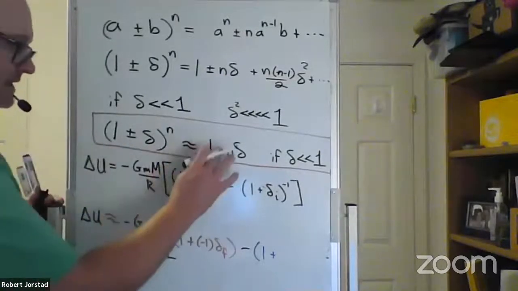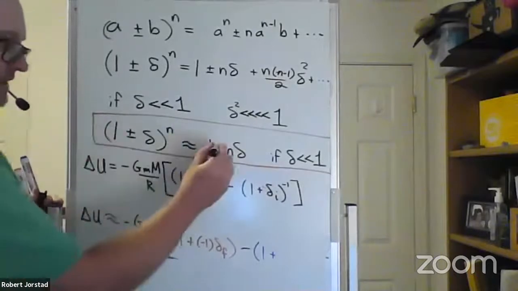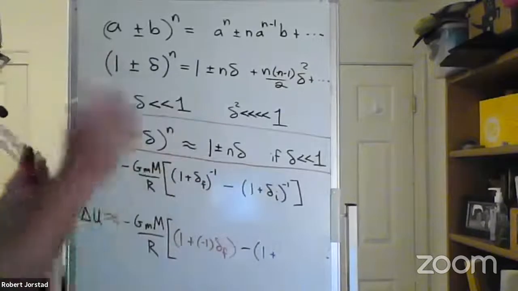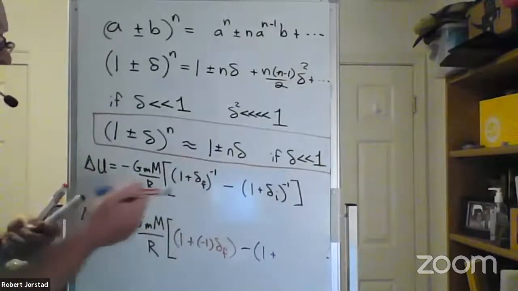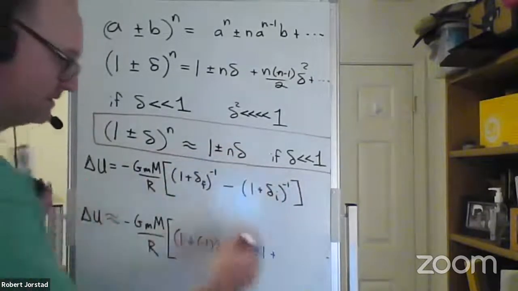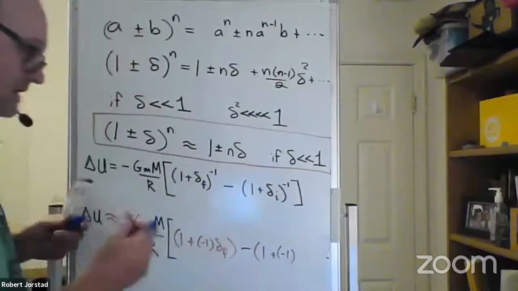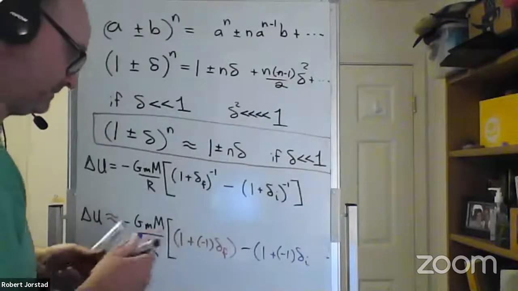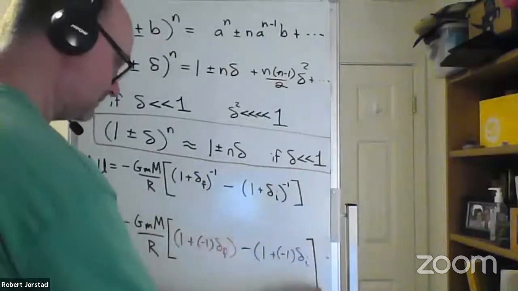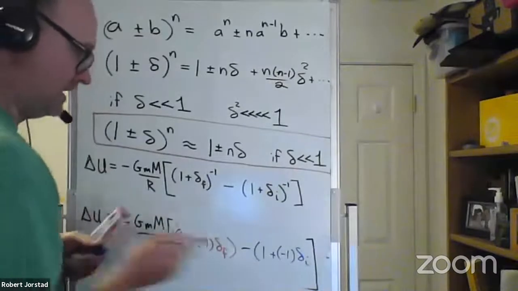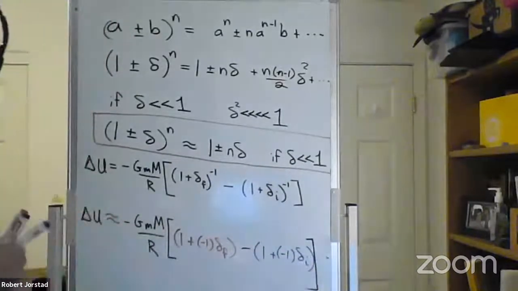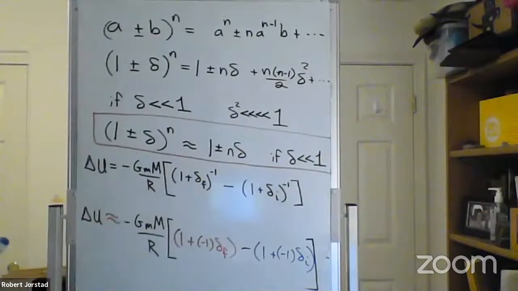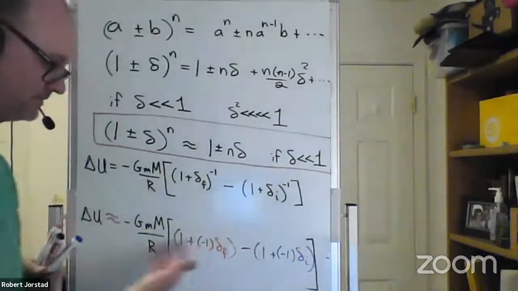So if you use a plus or minus in the math formula, you have to use plus or minus here. But because these both have plus, everything's plus for us. We don't have to worry about that. N is -1 times delta initial. Again, to be clear, this is not equal. It's approximately equal.